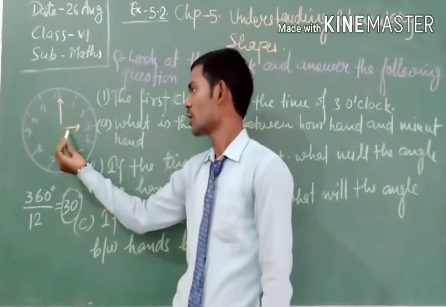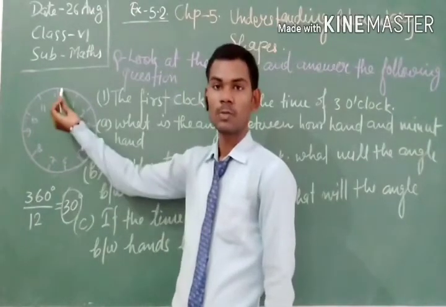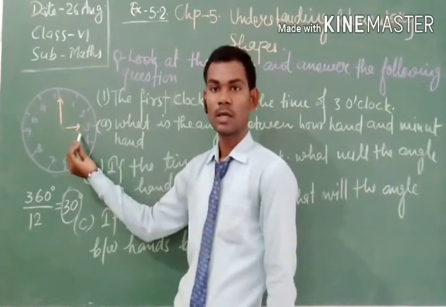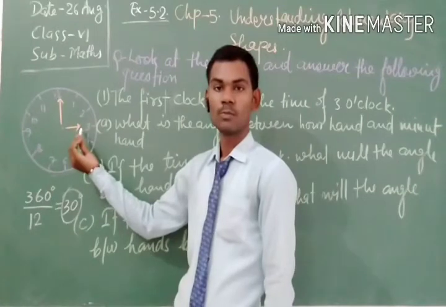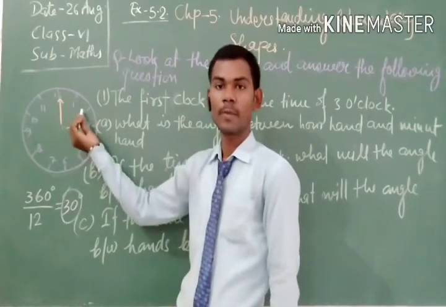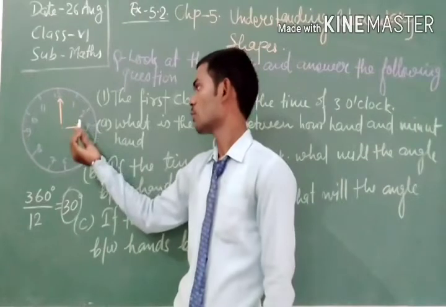That means when the hour hand moves from 12 to 3, it moves three parts.